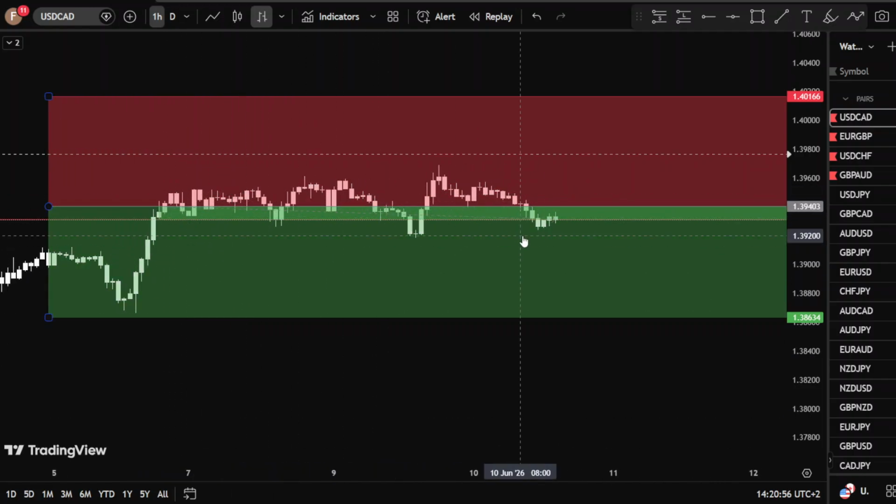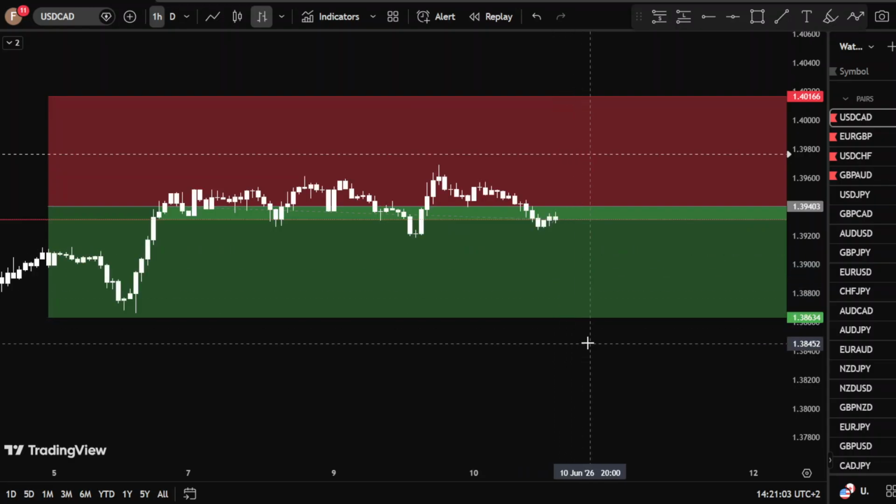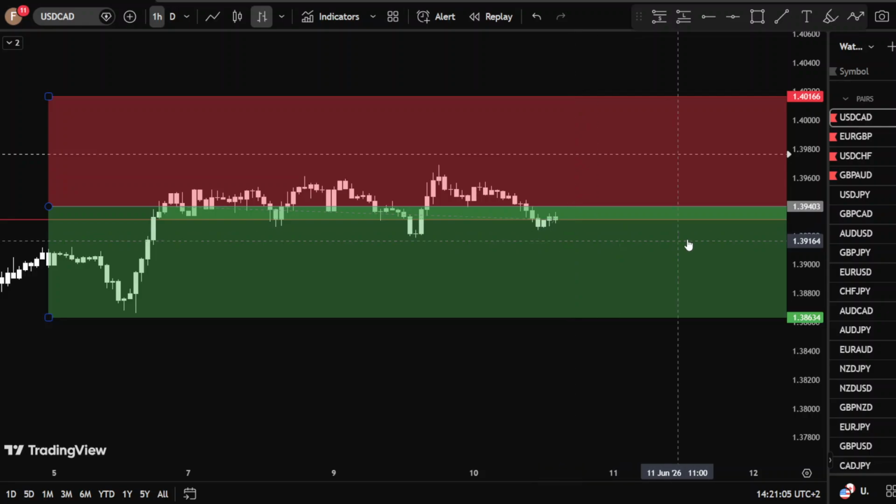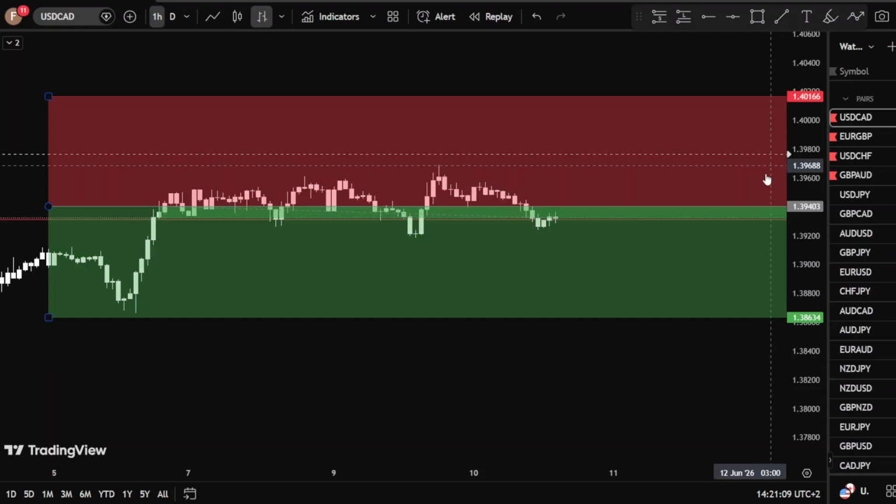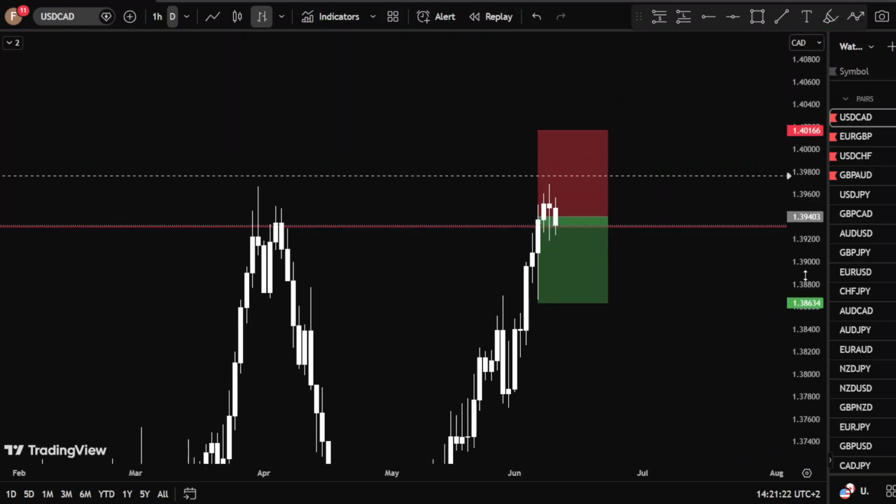So now, especially if we break below this, then I'm going to hold all the way to the target. If it continues like this and maybe goes a little bit upwards towards this alert that I have, then I will probably close it at 50% or 1/3. So that's it. It's very simple.